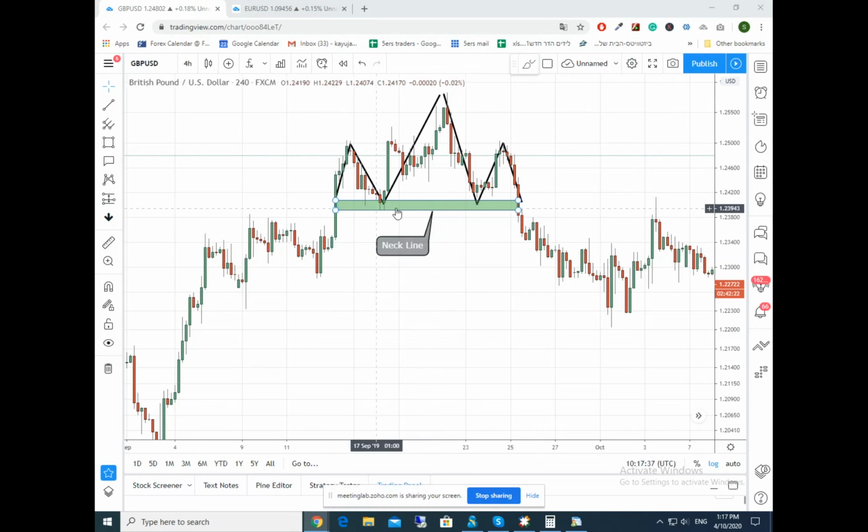So that's the idea behind this pattern. After a few higher bottoms, which is what we see in every uptrend, suddenly the price creates a new bottom at the same level as the previous one.